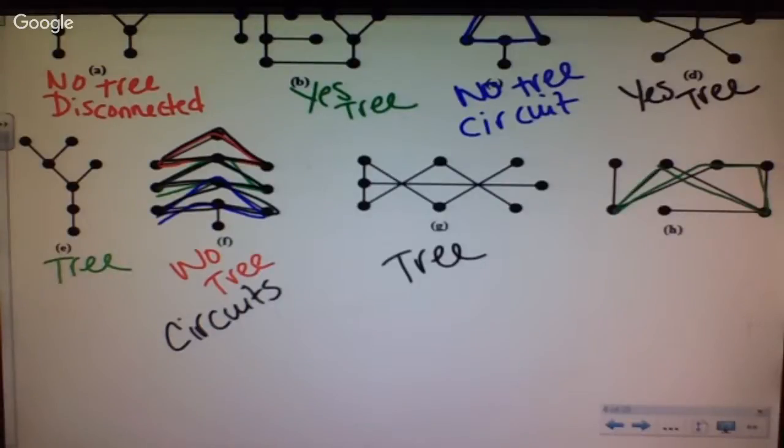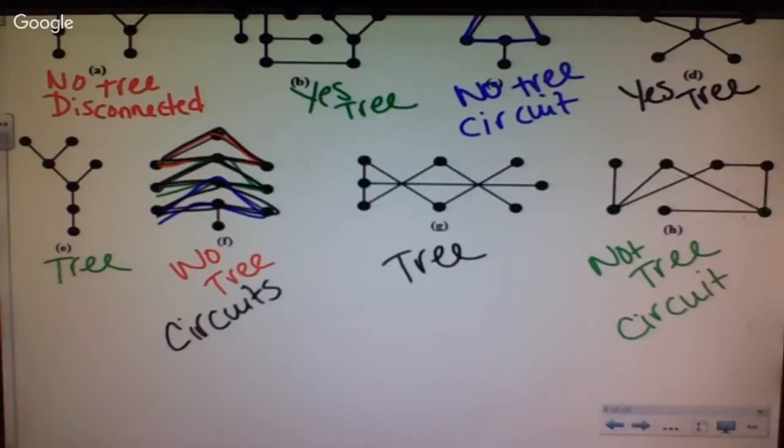We got a plot twist. This is not a tree, because there is a circuit. I can leave any one of these points that I just traced, so I can start here, and I can follow this around, and I can make it back without lifting my pencil. Which means that I have a circuit.